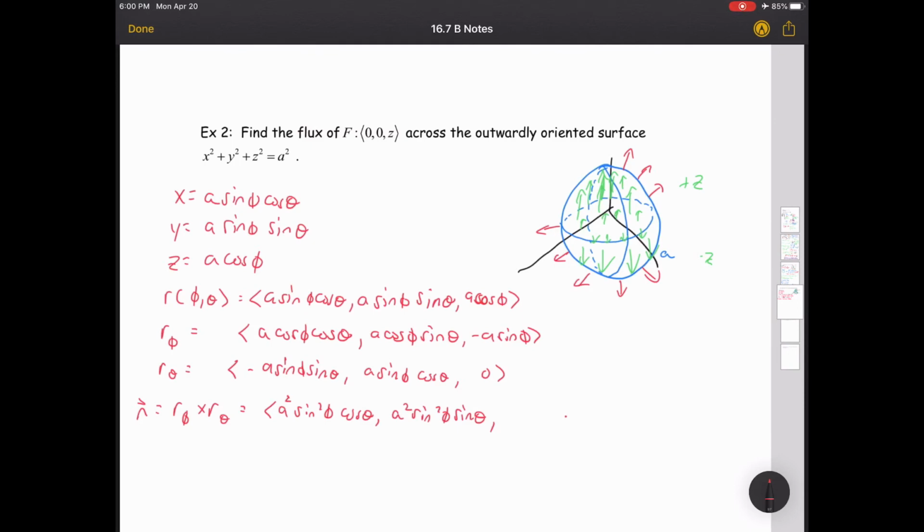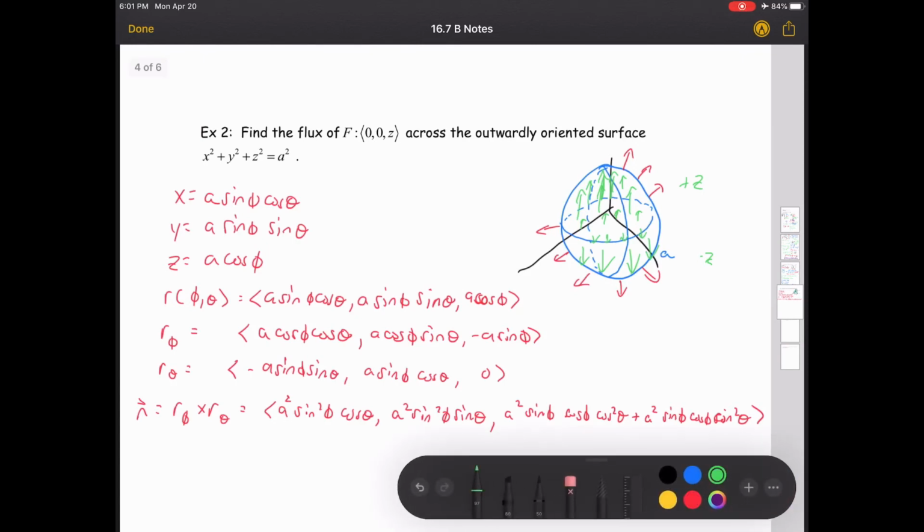I'm going to have a squared sine phi cosine phi cosine squared theta, minus minus or plus a squared sine phi cosine phi sine squared theta. Okay, yeah, that looks right. I think we're good.